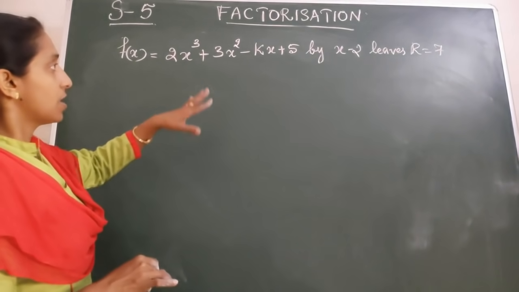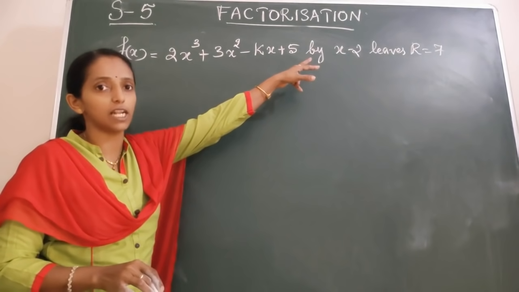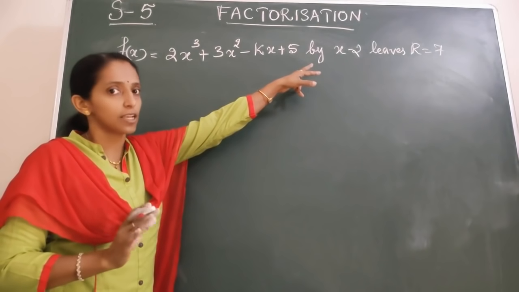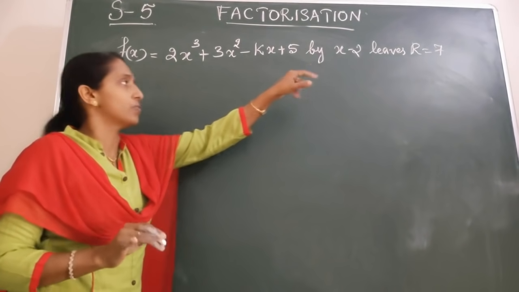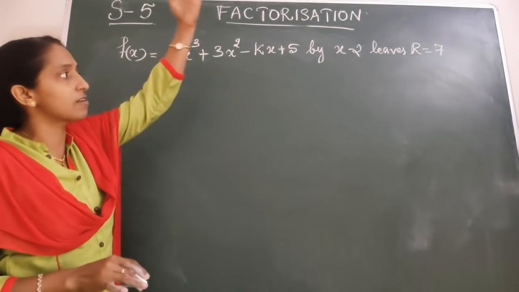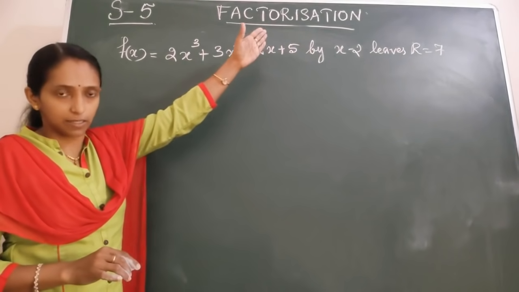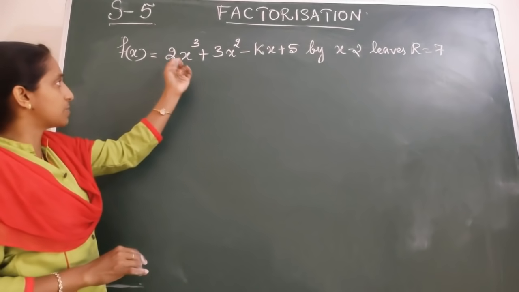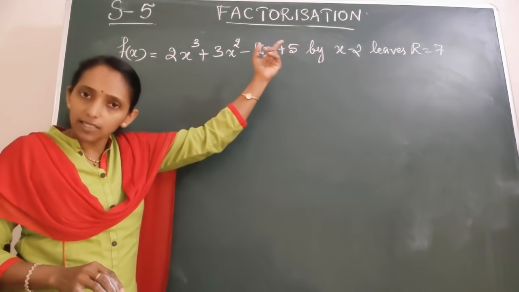What will be the value of x substituting here? x minus 2 equal to 0 implies that x equal to 2. Yes. When we substitute x equal to 2 in the polynomial, we will get the remainder 7.